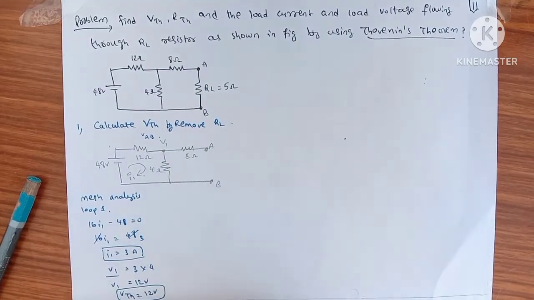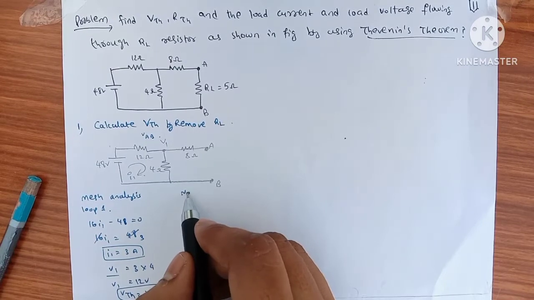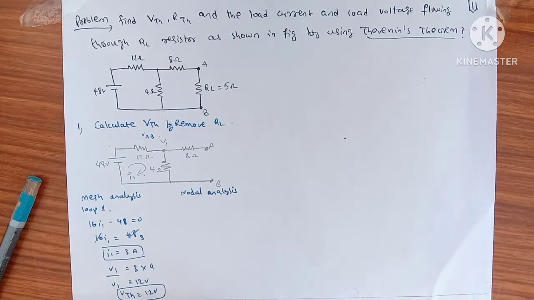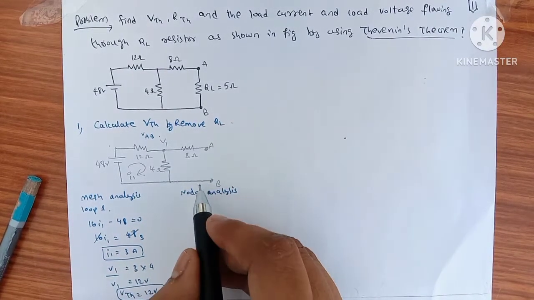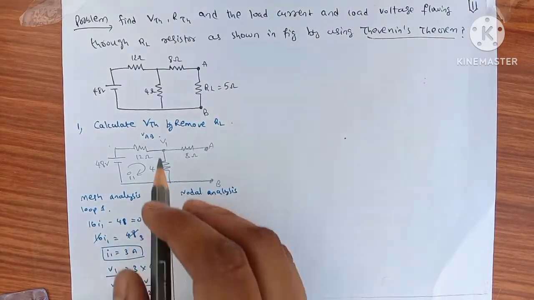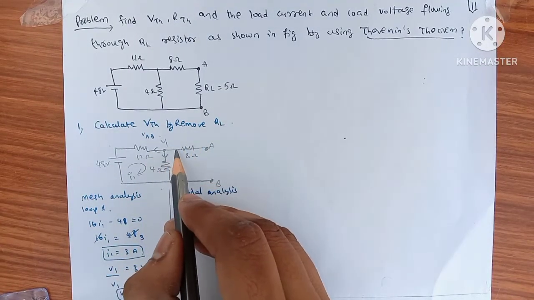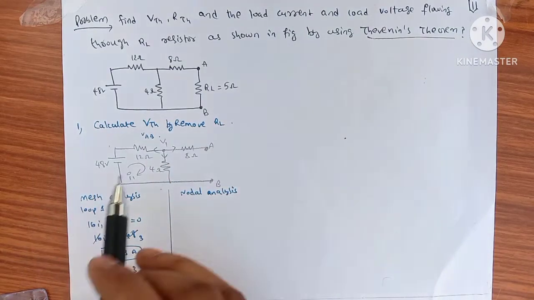Is this 12 volts or not? We are checking with the nodal analysis whether the obtained Thevenin's voltage is correct or not. I'm taking current directions like this, current flowing away from the node.